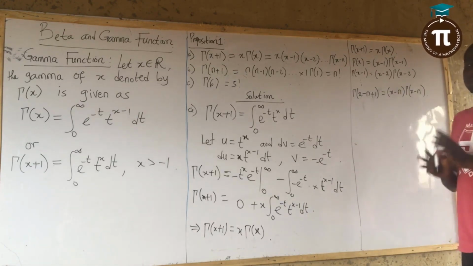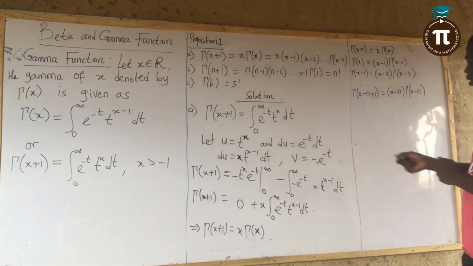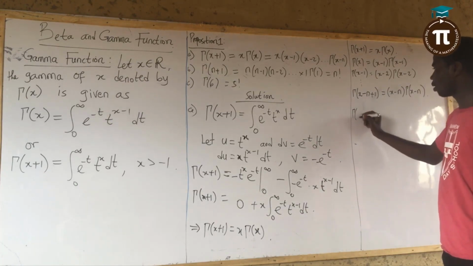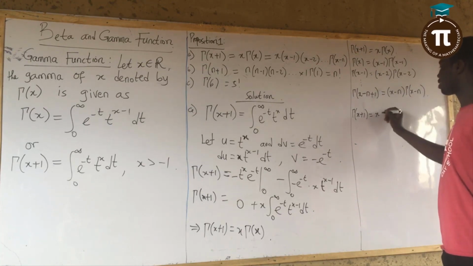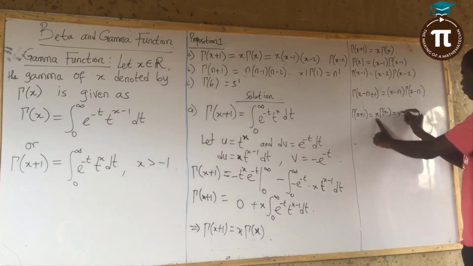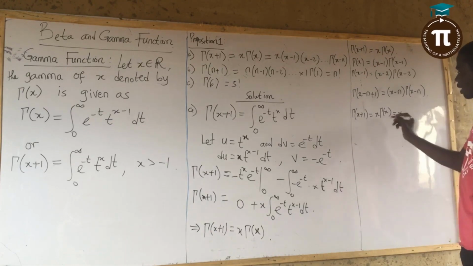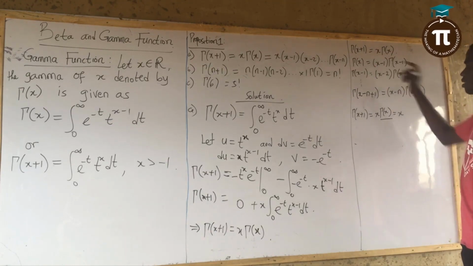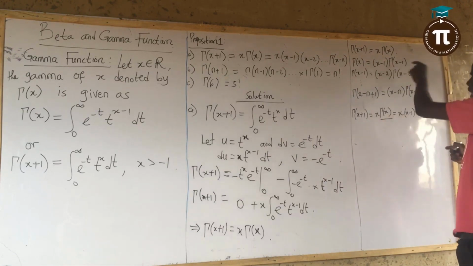So the implication is that gamma of s plus 1, which is equal to s gamma of s, will be equal to s times s minus 1, gamma of s minus 1. So gamma of s is s minus 1, gamma of s minus 1.